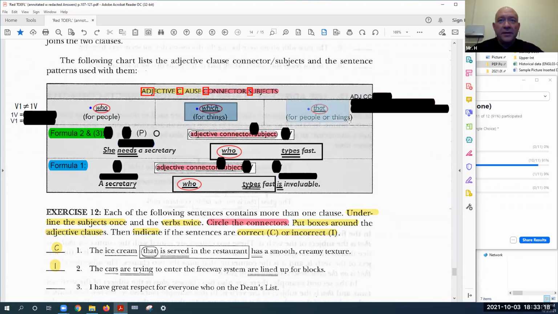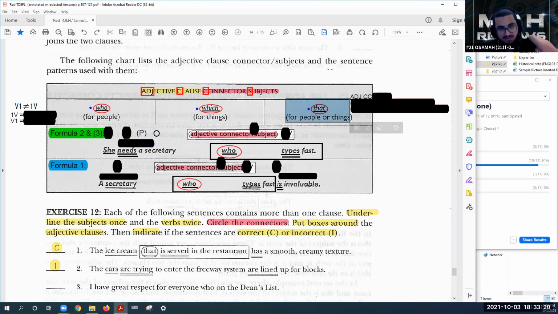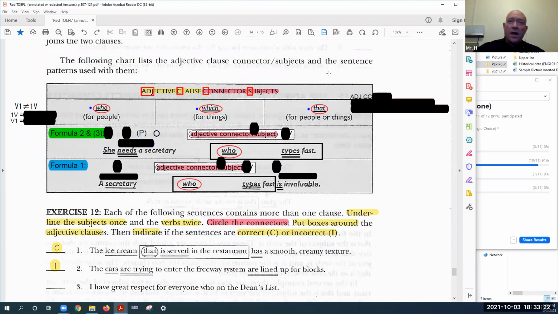And then? That for people and things. Now, on Thursday when we did skill 11, I told you there's a special rule to remember for that. Anybody remember the rule? Actually, I gave you two rules. Nobody?